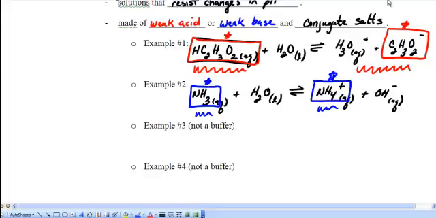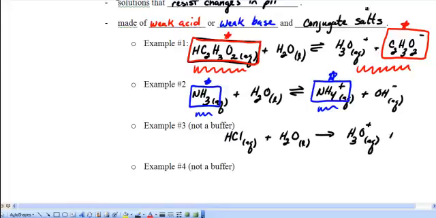Alright? Now, what's going to happen if you add, say, some type of strong acid? If you add a strong acid like hydrochloric acid, when you put that into water, there's no equilibrium. It goes completely to this.